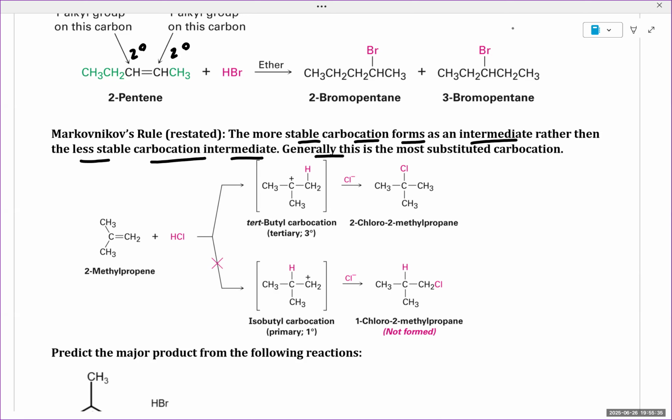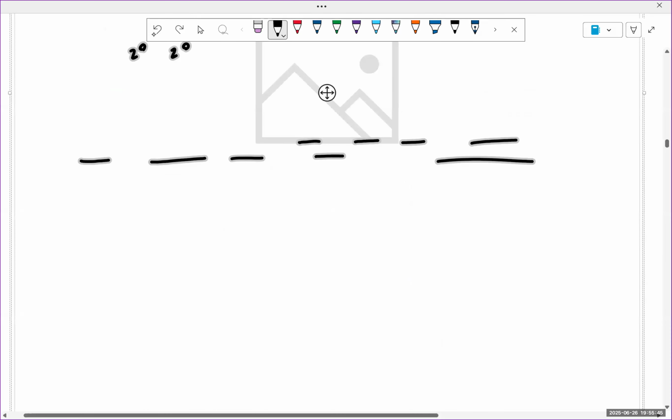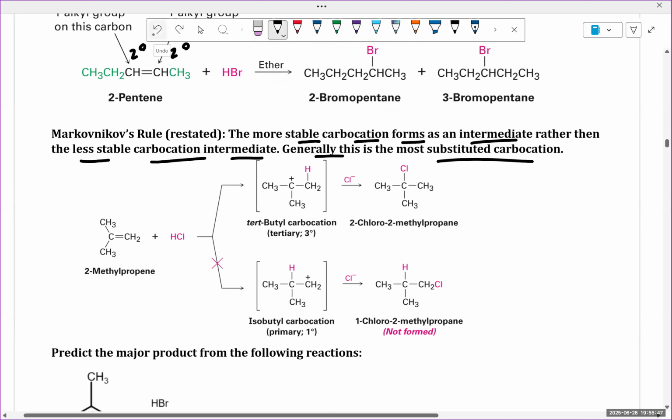Generally, this means you'll get the most substituted carbocation intermediate. So for example, when 2-methylpropene reacts, it will prefer to react in the initial protonation step to make the more stable tertiary carbocation rather than a primary carbocation. Why? The tertiary carbocation is more stable and it's easier to form.